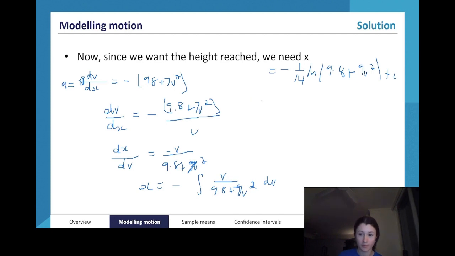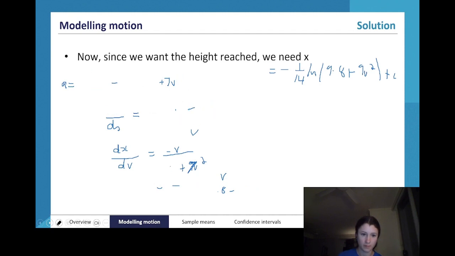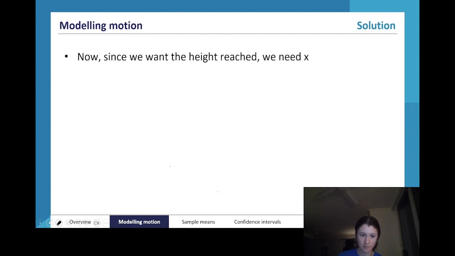So we know that when x equals 0, v equals u, right?